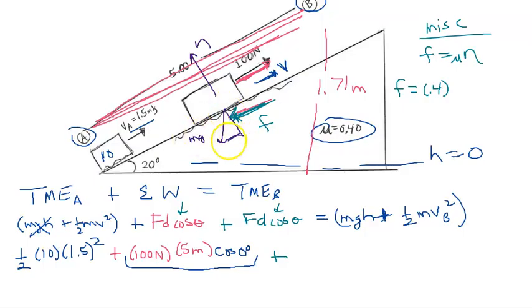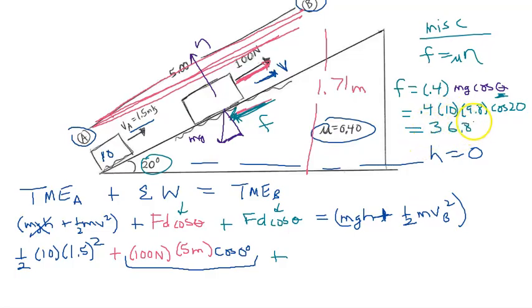The goofy mnemonic that you can just go straight to is mg cos theta: the part that makes contact or crushes the incline and causes the normal. So this is 0.4 times 10 times 9.8 times cosine of 20 degrees. That's why they gave you that. And then you find a friction of 36.84 newtons. Again, lots of stuff going on, I would do that somewhere else so that you can keep your work clean and not make a mistake.